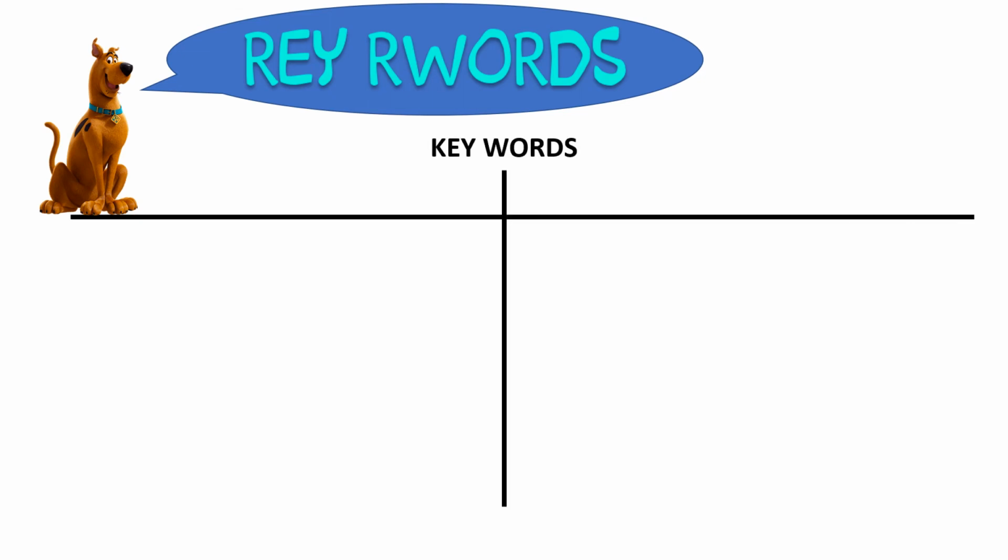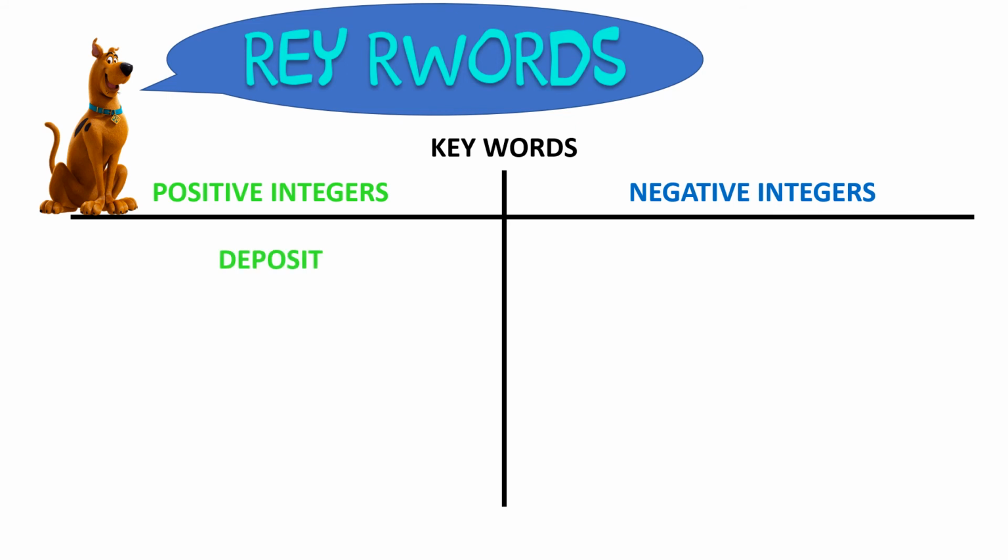All right, in the words of Scooby-Doo, words or keywords. So that you understand, in real life scenario questions, there are certain terms that are going to indicate whether we're talking about positive integers or negative integers. So in green, we're going to talk about all the words that are going to represent a situation where a positive integer is involved. A deposit means that you're putting money into your bank account, it is increasing.